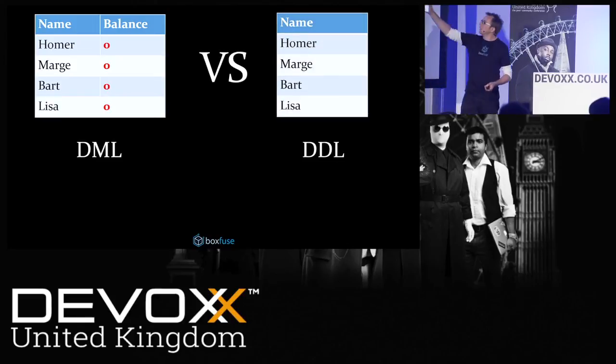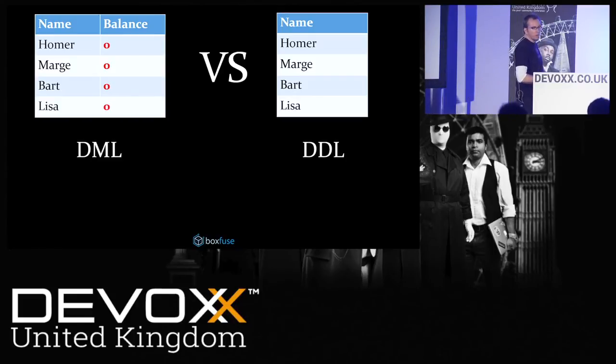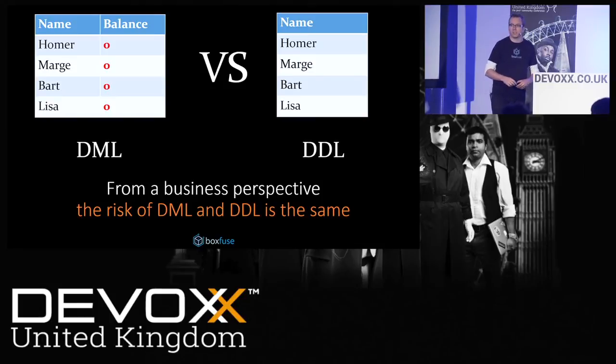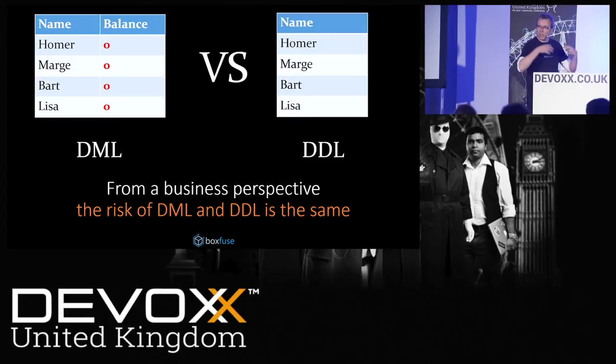And so whether this happened on the left or you accidentally dropped the column, as here on the right, it doesn't matter. From a business perspective, the risk is the same. Either you have a very good backup or you can close shop. So the minute you have the power to change data, you have the power to destroy it. Remember that. The risk is exactly the same from a business perspective. So it is not a big deal to include something like Flyway and to have the necessary rights for that user on application startup.